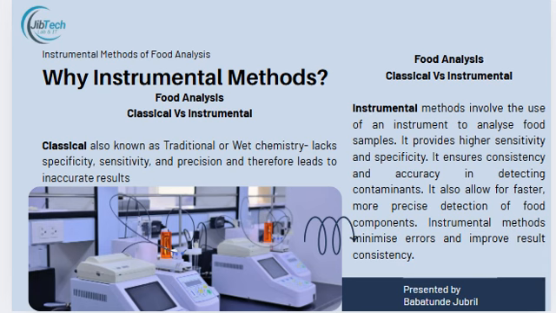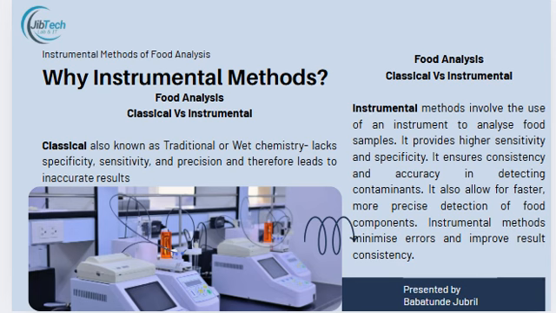And now, advantages of classical methods over instrumental method would be that, of course, classical method is cheaper. Okay, classical method is cheaper in the sense that you don't have to buy expensive equipment.